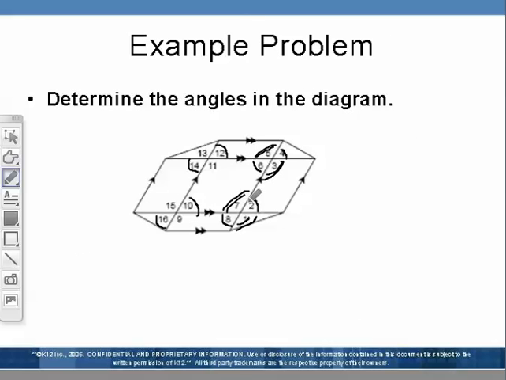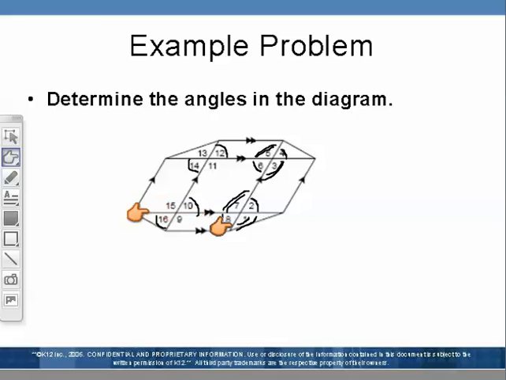For example, in this one right here, if we didn't know that the lines were parallel, but we knew that angle 7 was congruent to angle 3, those are alternate interior angles, and we could say the two lines going right to left would be parallel, this line here and this line here, by the converse of the alternate interior angle theorem.